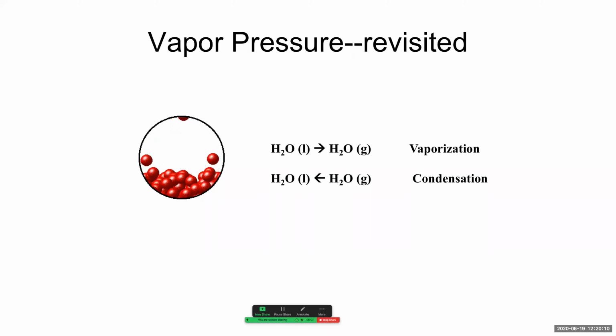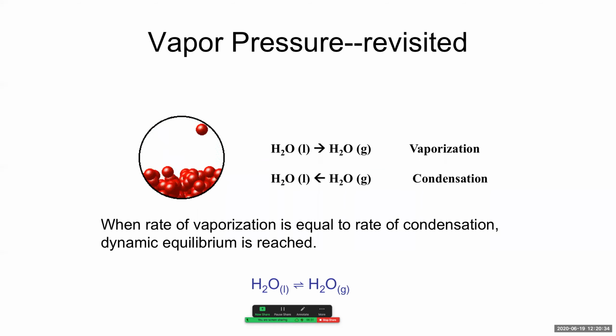Then as the vapor comes into equilibrium with the liquid, you establish an additional pressure caused by the gas in the container. That pressure doesn't change; it reaches an equilibrium. So the amount of gas molecules reaches equilibrium with the liquid molecules. We could state that the rate of vaporization is equal to the rate of condensation and dynamic equilibrium is reached.